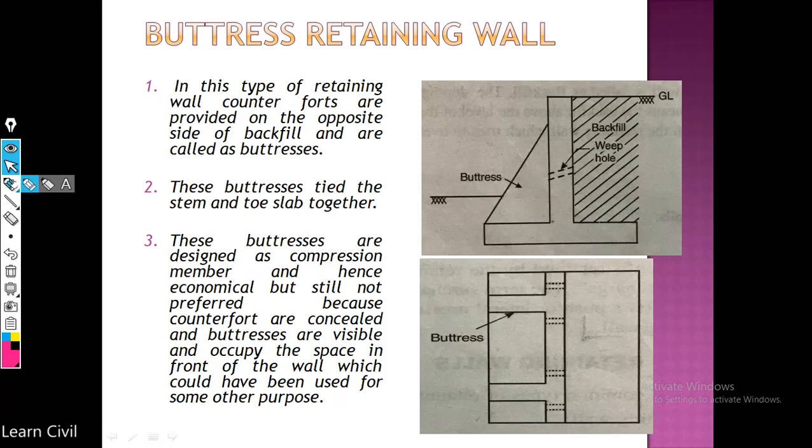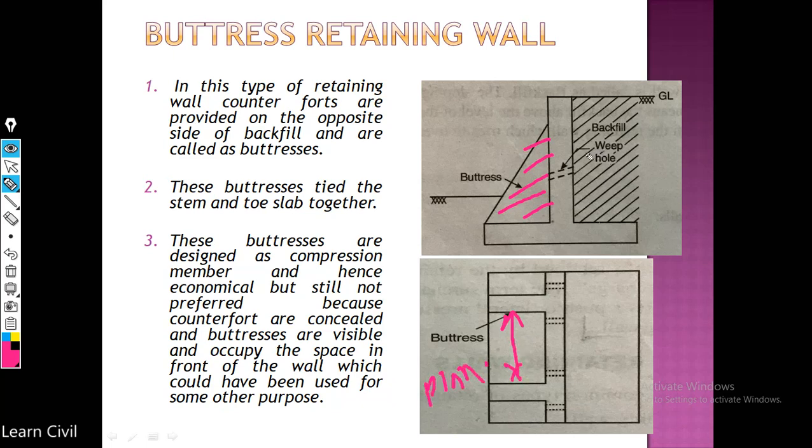The next type of retaining wall is called a buttressed retaining wall. In this type of retaining wall, you can see here what we will be doing. We will be providing some buttresses, buttress like structures or counterfort like structures, at particular spacing. This is in plan.